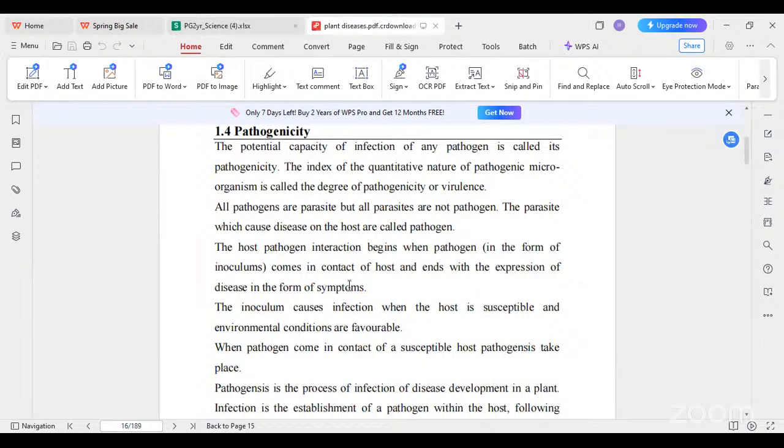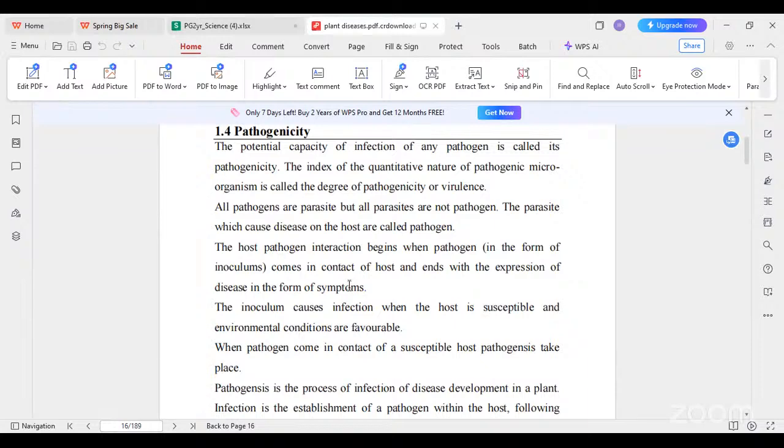The host-pathogen interaction begins when the pathogen, in the form of inoculum, comes in contact with the host. The inoculum causes infection when the host is susceptible and environmental conditions are favorable.